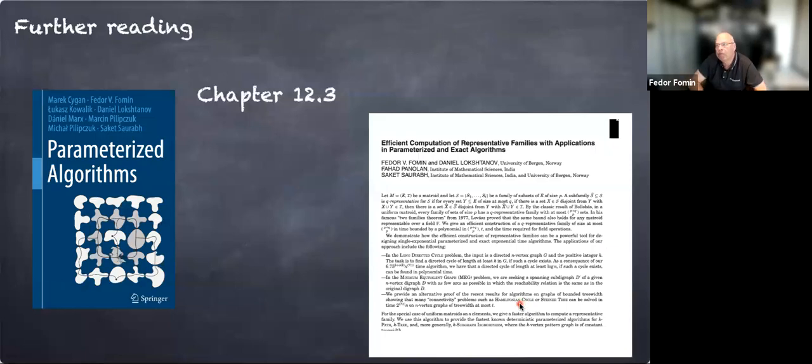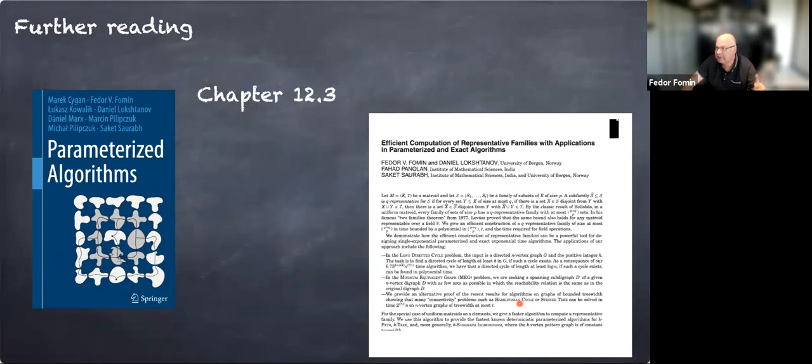Okay, so for further reading, if you want to learn more about computations of representative sets, chapter 12.3 of the blue Parameterized Algorithms book provides an introduction to this type of technique. The book also speaks a lot about color coding and other algorithms, algebraic algorithms for k-path.